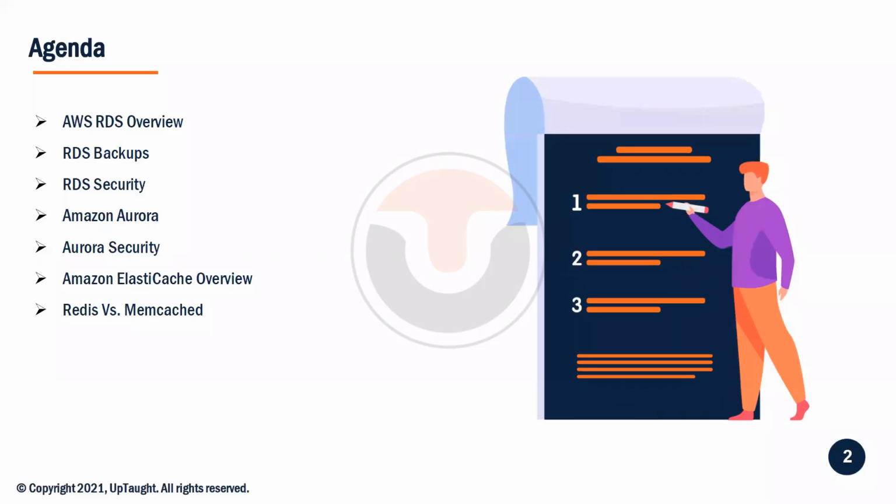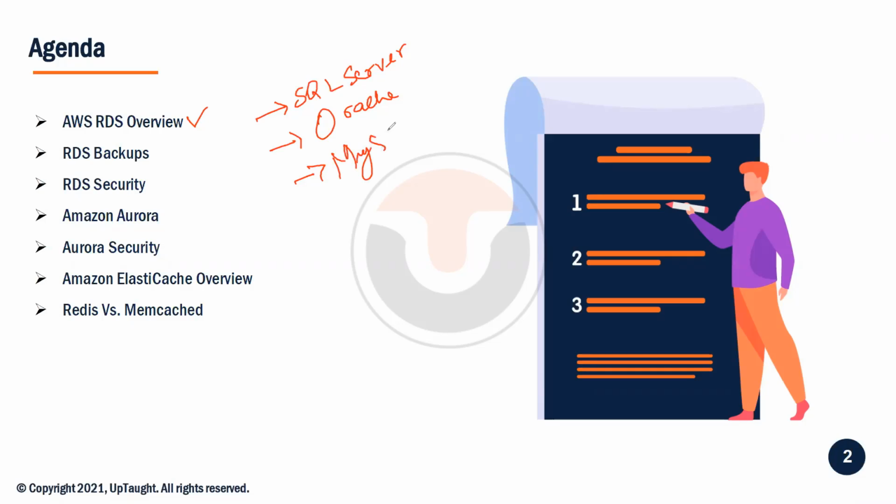We'll be looking at the RDS overview. What is RDS? It is a service where you can host databases. What kind of databases? Relational databases. For example, SQL Server. Oracle, you want? All right, we can do that.